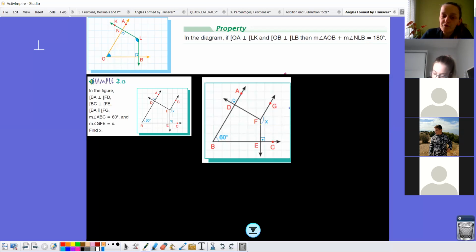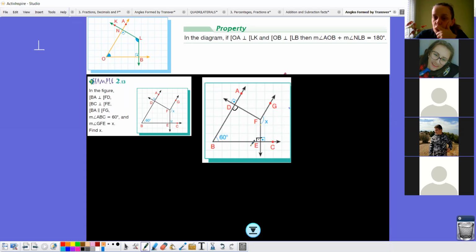Now, what will be your first step here? What do we know for this? Teacher, we know that FEB is 90 degrees. You mean this one? Yes, and BDF is 90 degrees. And what do we know more? That E is equal to 180 minus 60.